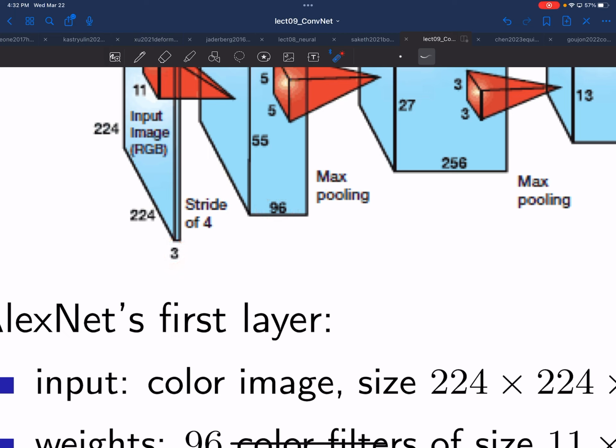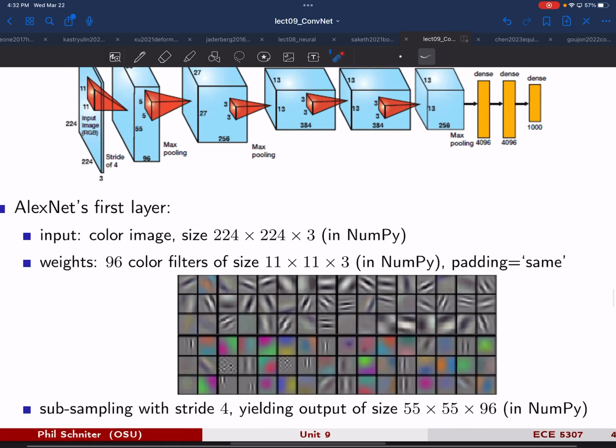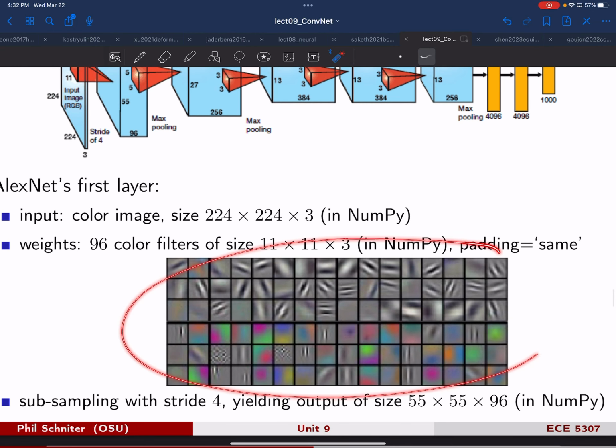But we can also visualize the 3 kernels that take us from this color image to the first feature map. We can view those 3 as a color kernel. And then there's going to be 3 more that take us to the second one, and so on. We could view those as a color kernel. And so that is what we see here. We have those 96 different color kernels. And this is what was learned to do classification in ImageNet.